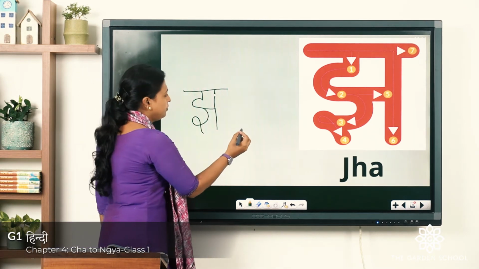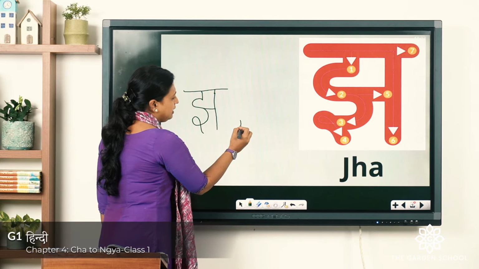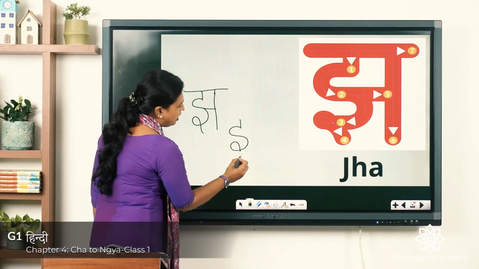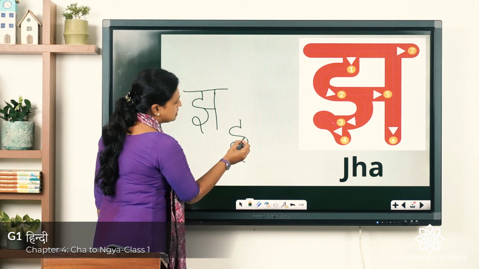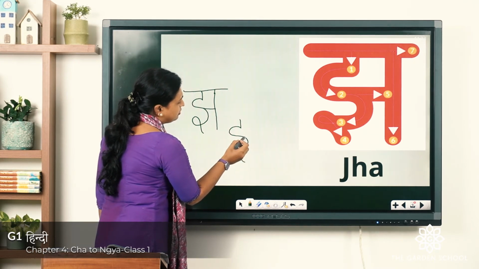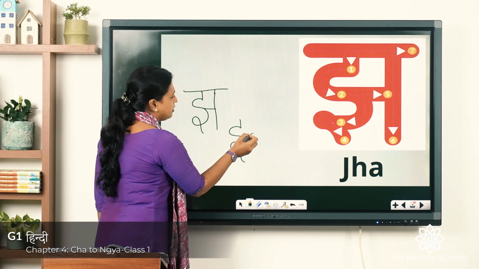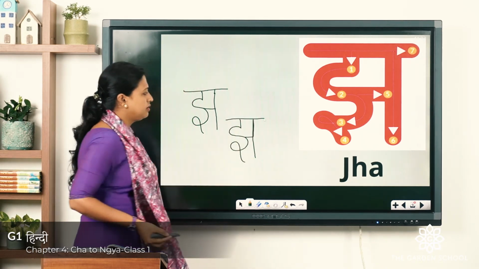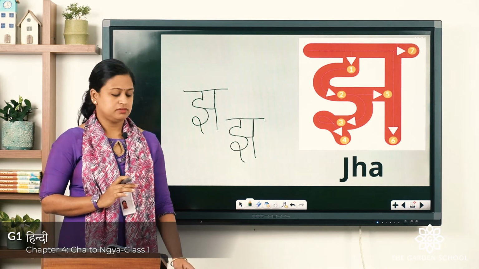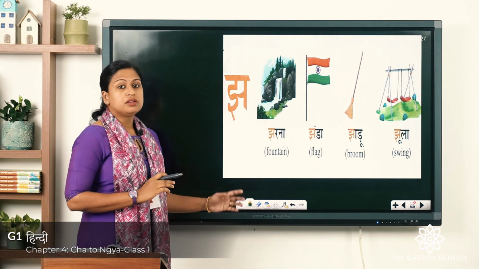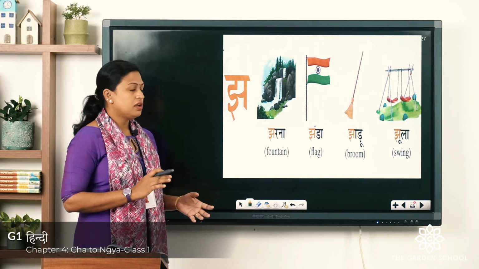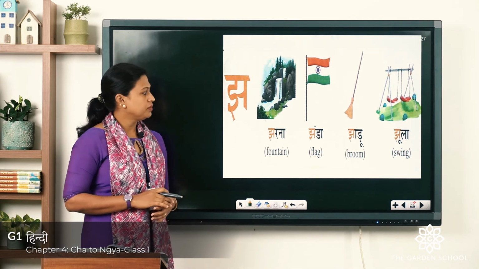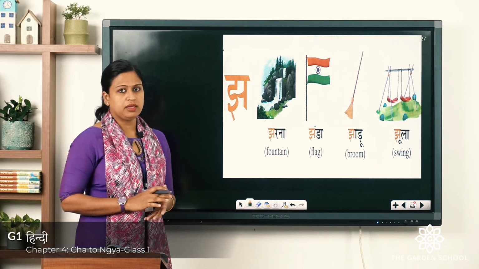Once again I'll show you. Short standing line, you have to write S, it comes down, then here on the side you have to draw a short sleeping line, then a standing line, on the top sleeping line. We pronounce jha. Few words are jharna, waterfall, jhanda, flag, jhadu, broom, jhula, swing.